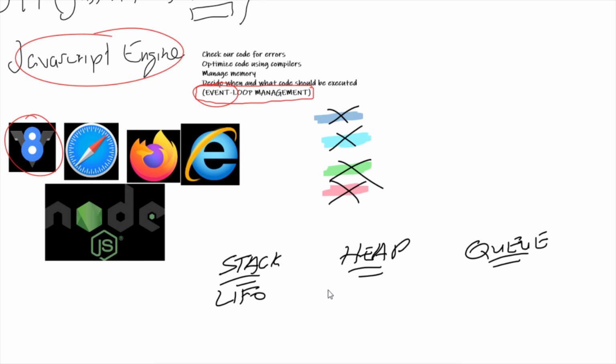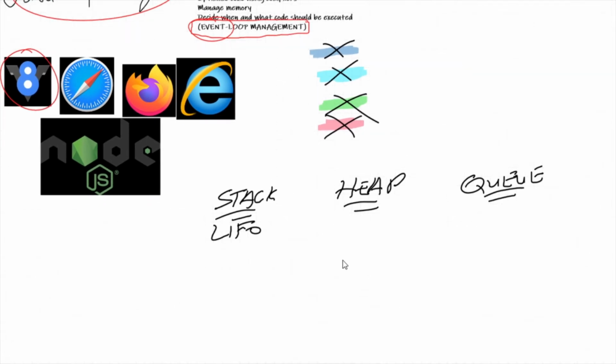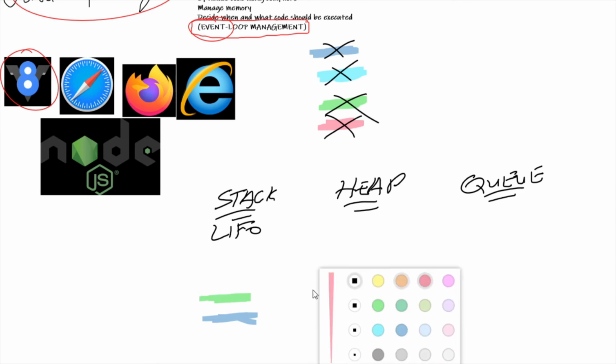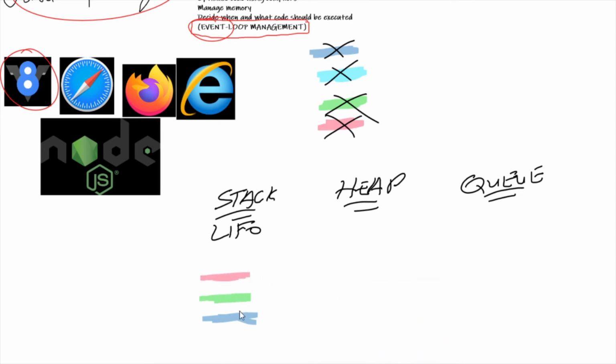So it's just a structured area of memory where frames are pushed, and frames are just blocks of code logic. And so frames are pushed onto the stack like a stack of pancakes, and in the opposite order that they were put on, they get executed. So frames get put on the stack, and then they get executed off of the stack.